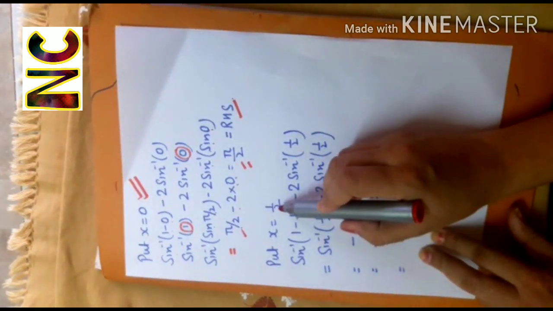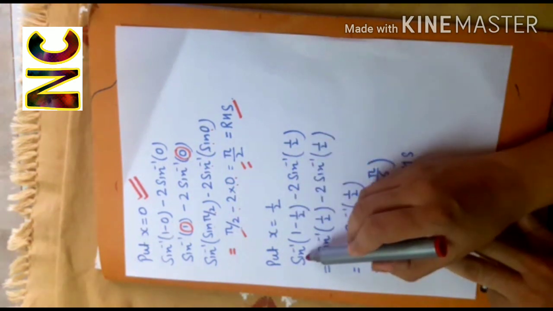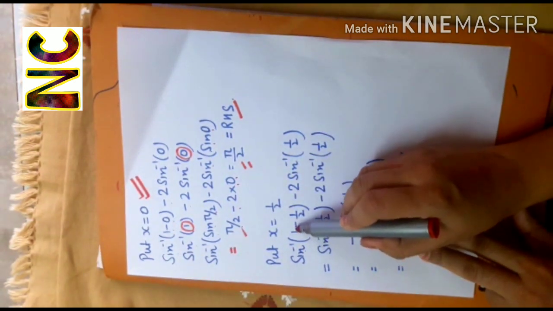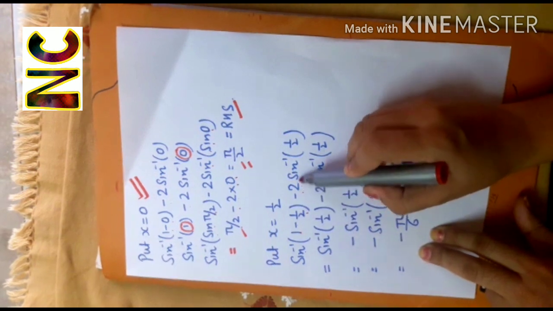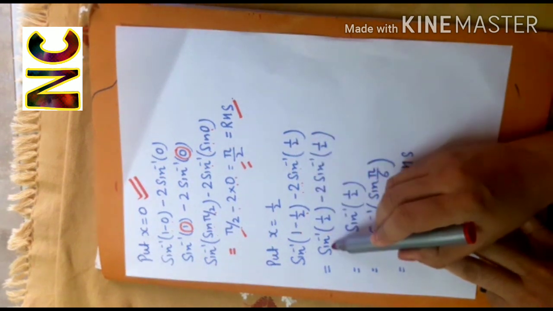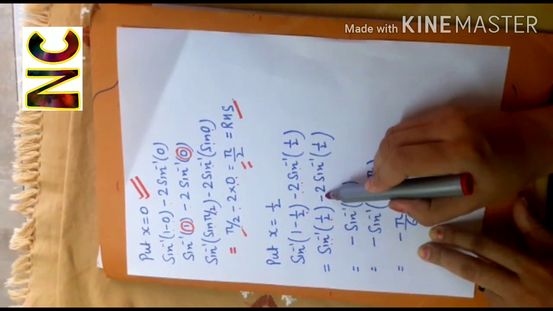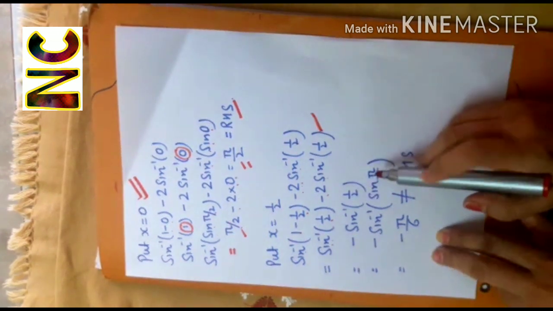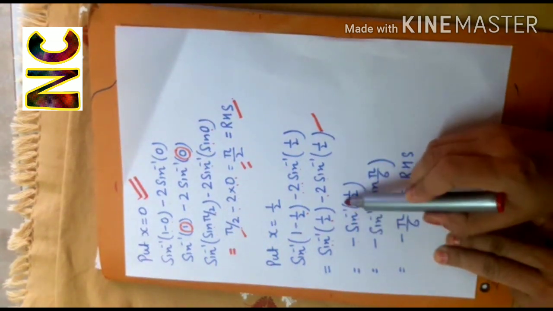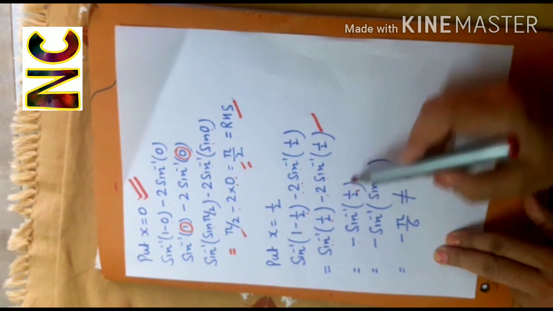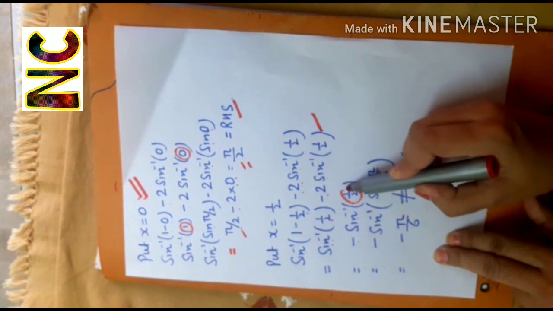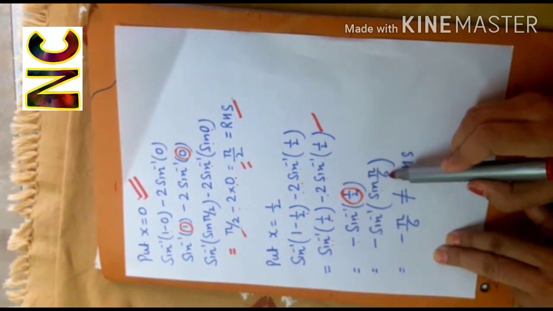Next we will put x equal to 1/2. So I'll get sin⁻¹(1 − 1/2) − 2 sin⁻¹(1/2). This is sin⁻¹(1/2) − 2 sin⁻¹(1/2), which will give you −sin⁻¹(1/2). Think of the angle whose sine is 1/2. It's sin(π/6).